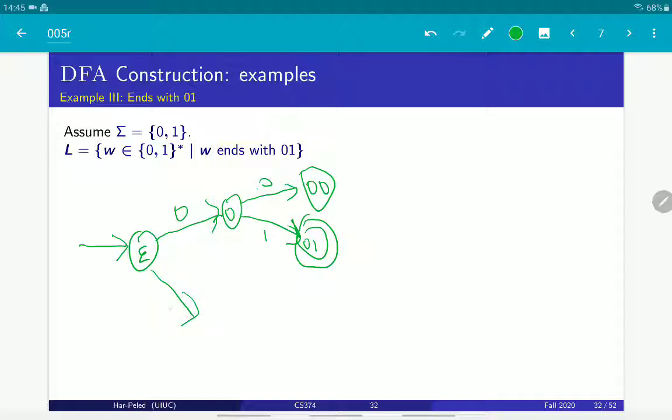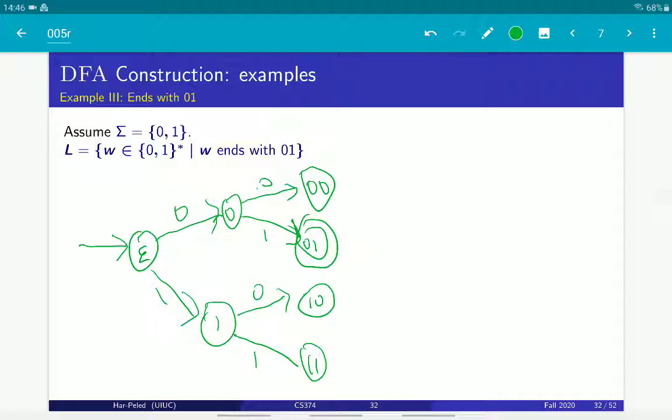This is not necessarily the minimal construction as far as states, but I hope that it's the cleanest as far as understanding what's going on. So really, if you look at the names I gave to my states, all they do is remember the last 2 characters we had seen.